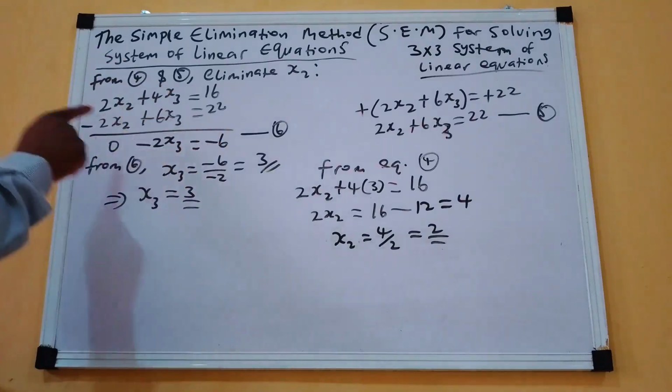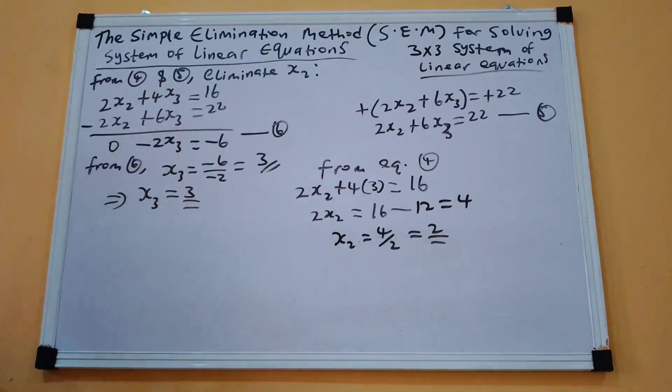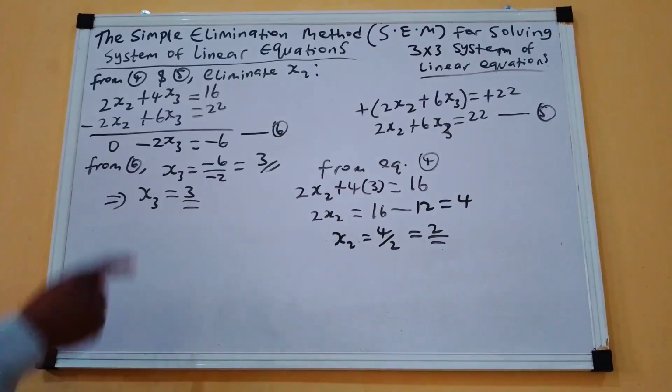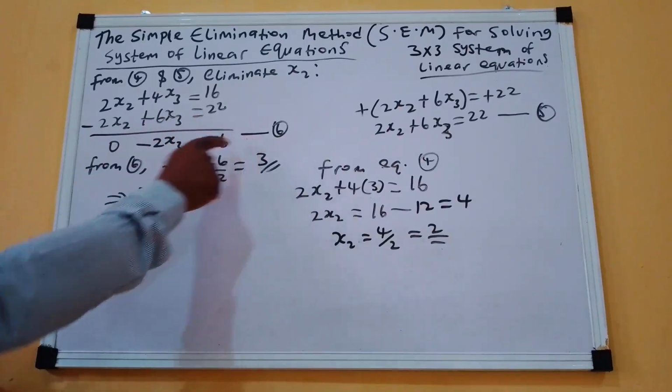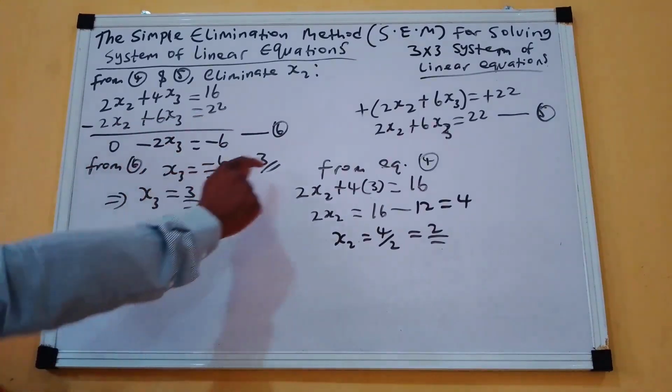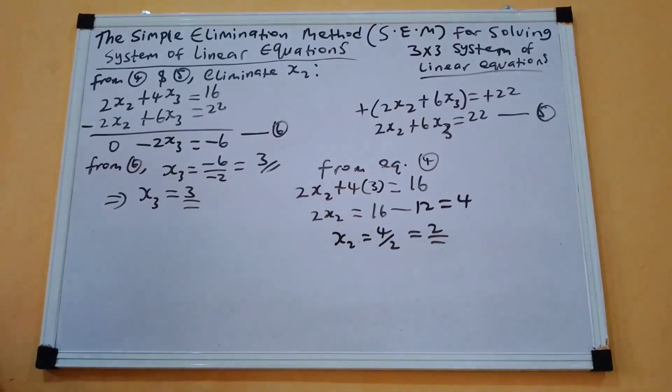Equation 4 only has x2 and x3. Equation 5 has only x2 and x3. It is equation 6 that has only x3. That's why we were able to make x3 the subject of the formula in equation 6. So we reduced and reduced and reduced using the elimination method till we got to equation 6, where we have only one variable left, and we now made that variable the subject of the formula.